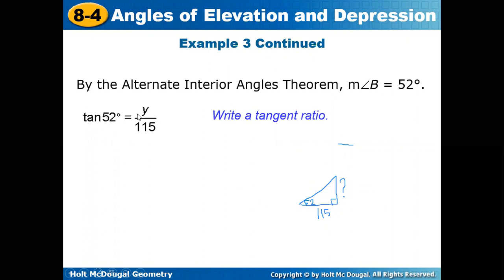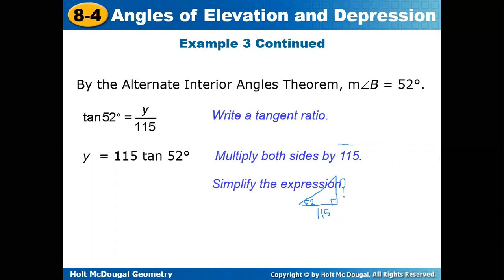So tan is the opposite leg, Y, over the adjacent leg, which is 115. Now, because Y is in the numerator, we will multiply 115 by the tangent of 52 and use your calculator. You will find that Y is approximately 147 feet.